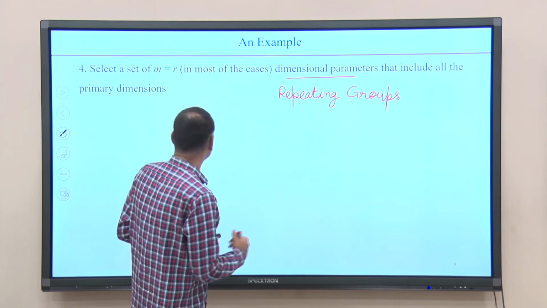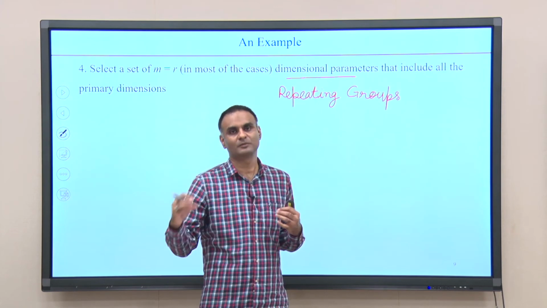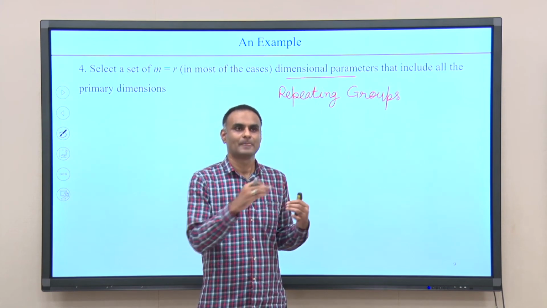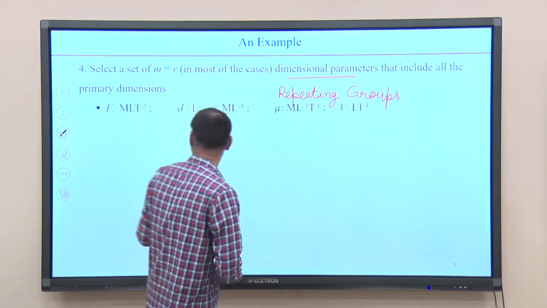The first thing we need to remember is that we should choose repeating groups such that they include all the primary dimensions. So, we have 3 dimensions m, L and t. So, we should have 3 repeating groups in which at least one of the groups has each of these dimensions. Okay.